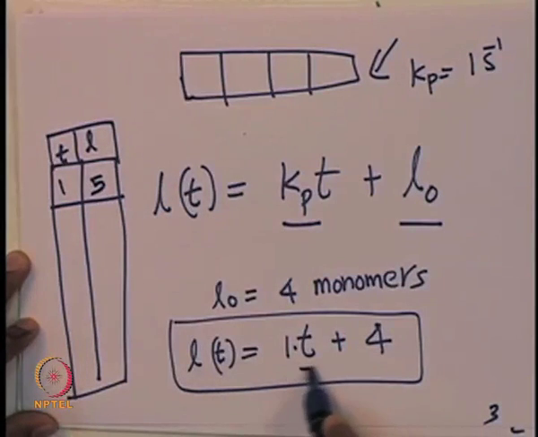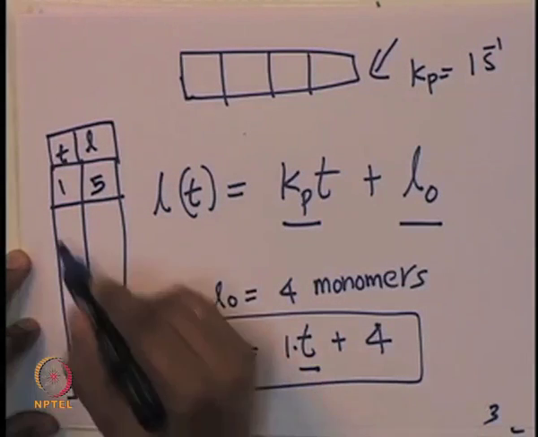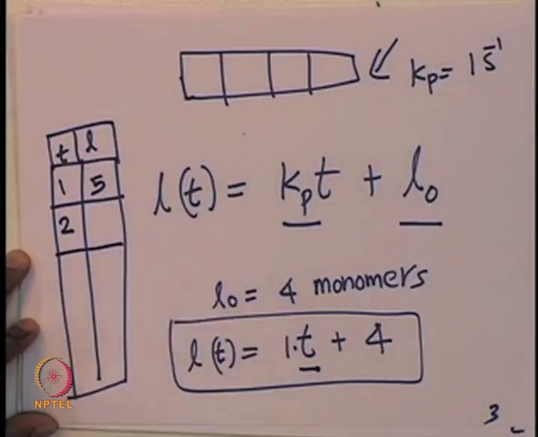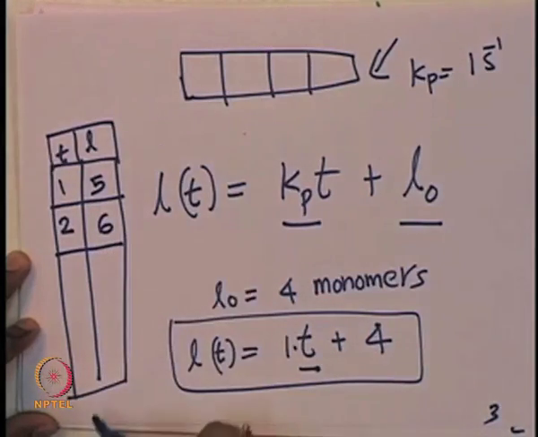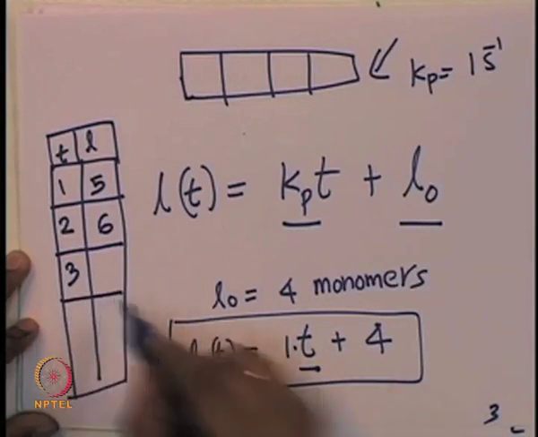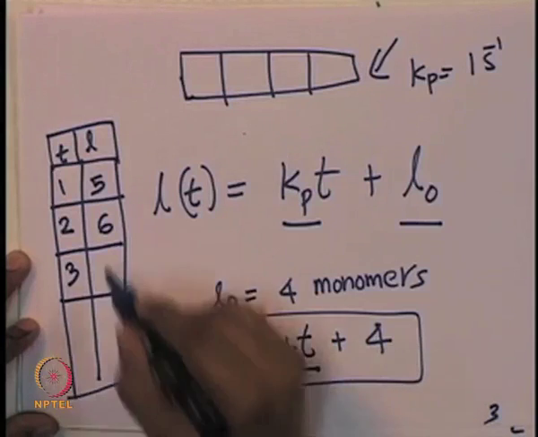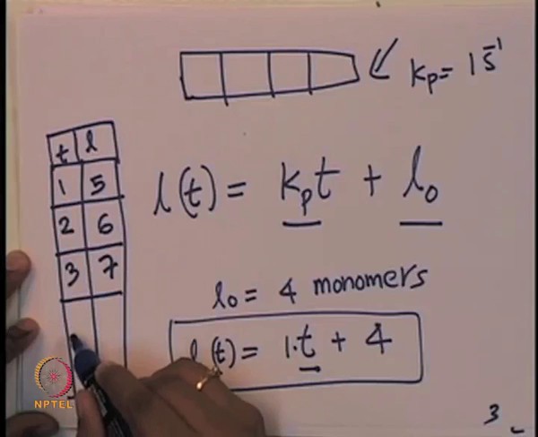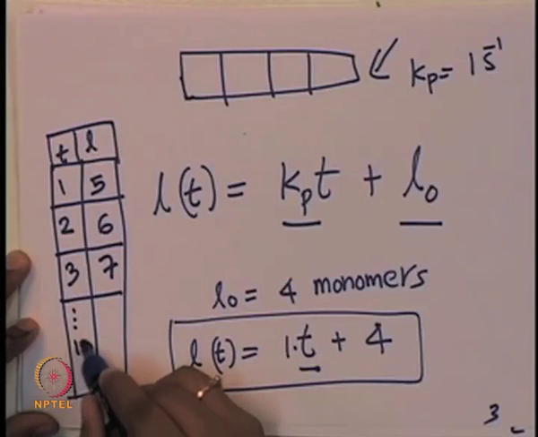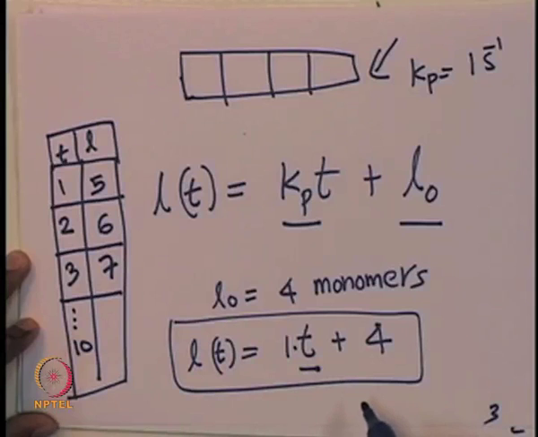When t is equal to 2 seconds, 2 into 1, 2 plus 4, 6. When t is 3 seconds, 3 into 1 plus 4, 7. So, L becomes 7. Similarly, if t is 10, then 10 into 1 plus 4, 14.